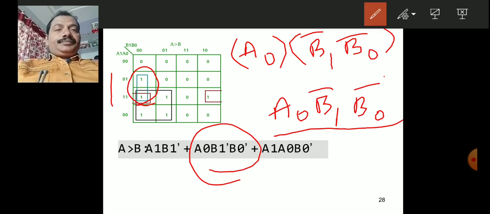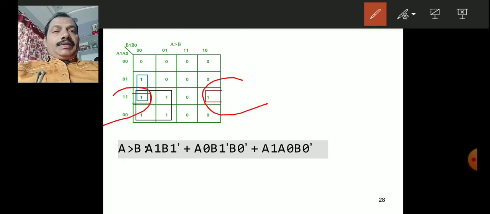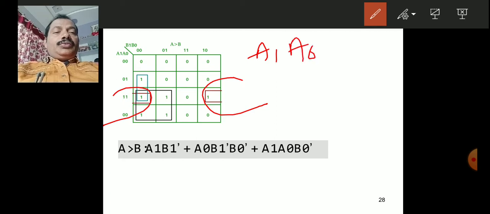Next pair is this. This pair is occupying a single row and two columns. Single row means A1, A0 is 1 1, so A1, A0, put the bracket.